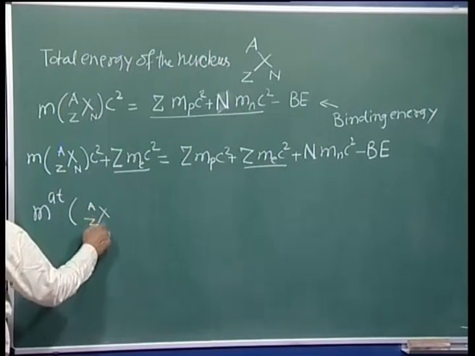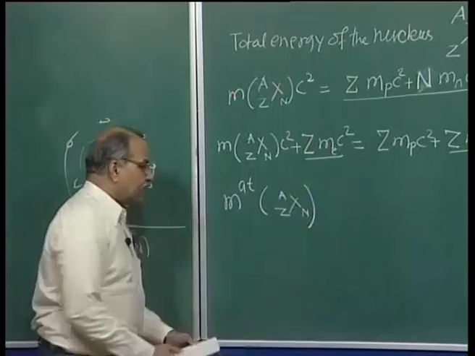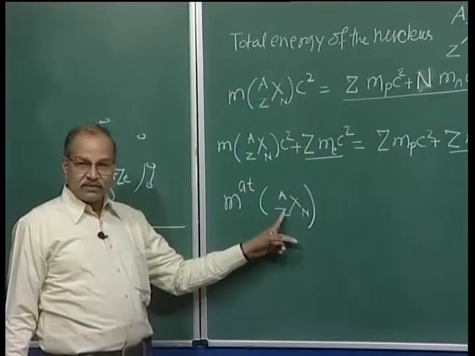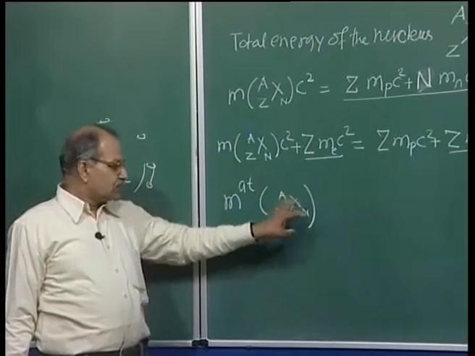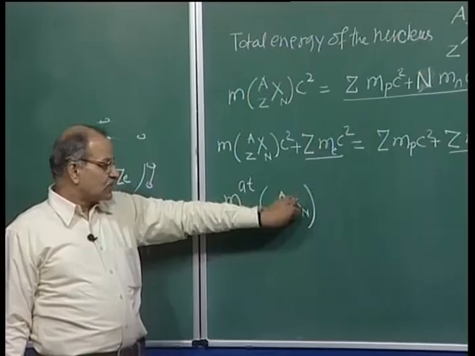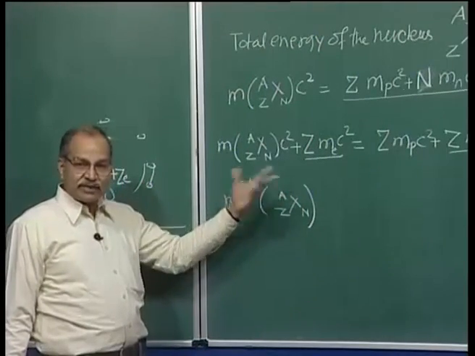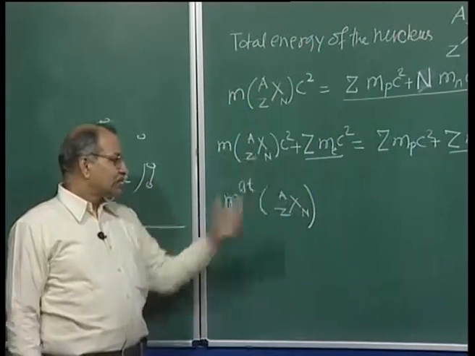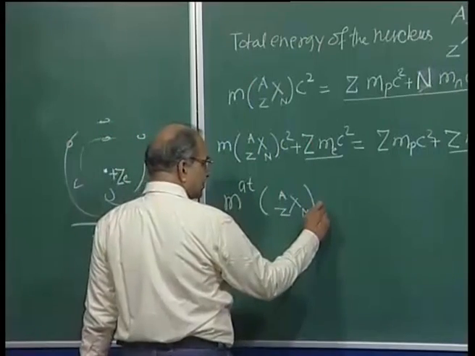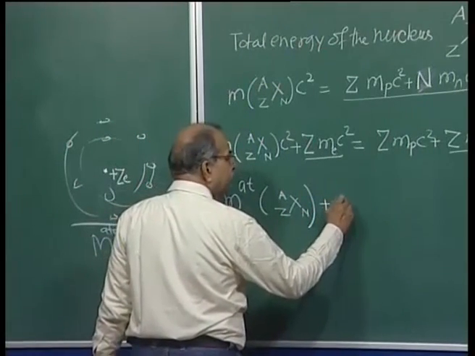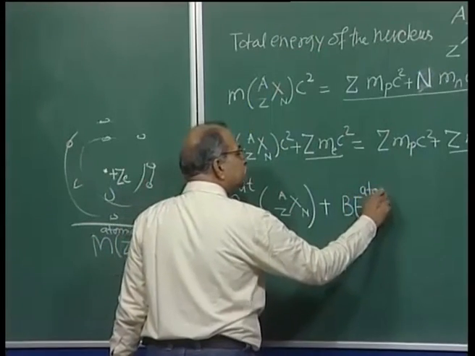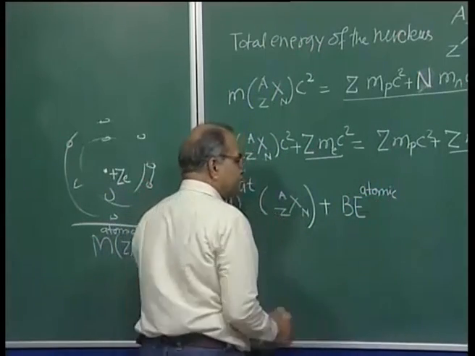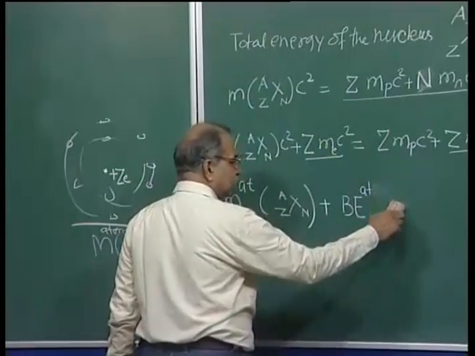Now, this is an atom with Z protons, Z electrons and N neutrons. The protons and neutrons form the nucleus, plus all those electrons outside. So, that atom is here, and this plus the atomic binding energy, AT.